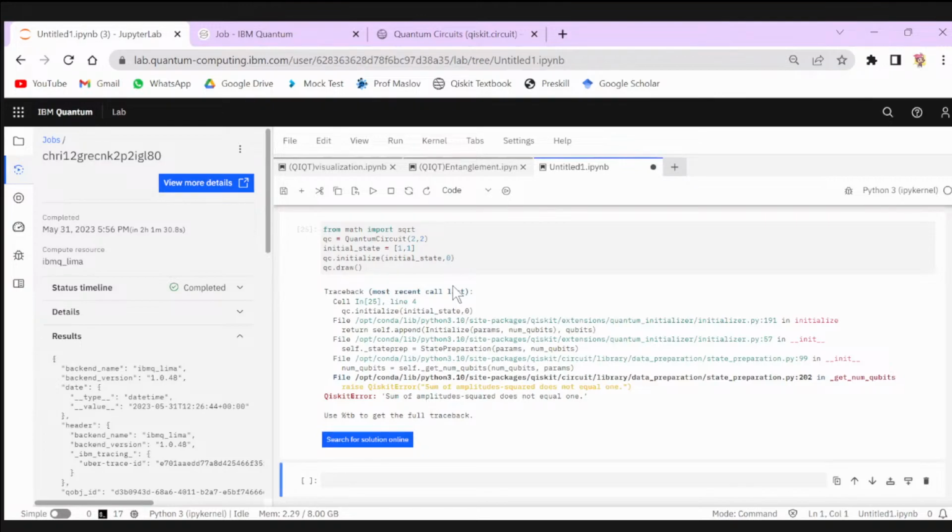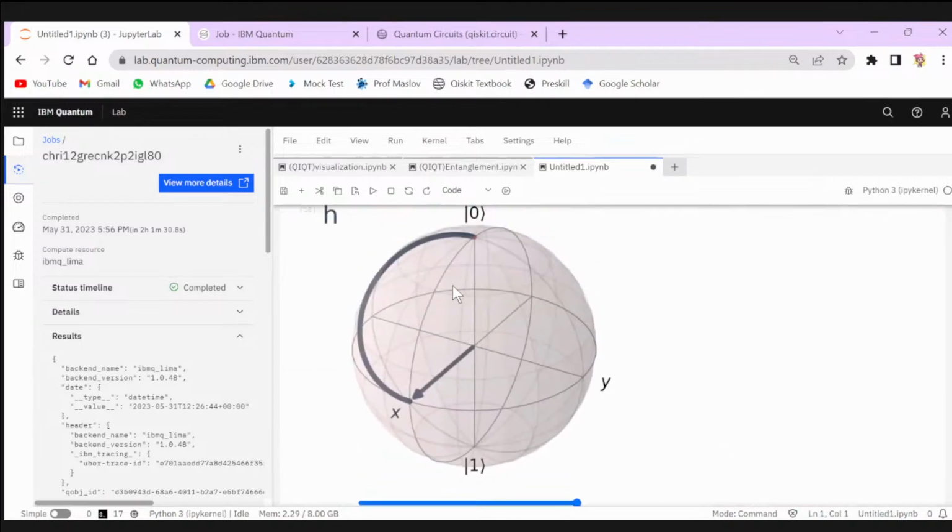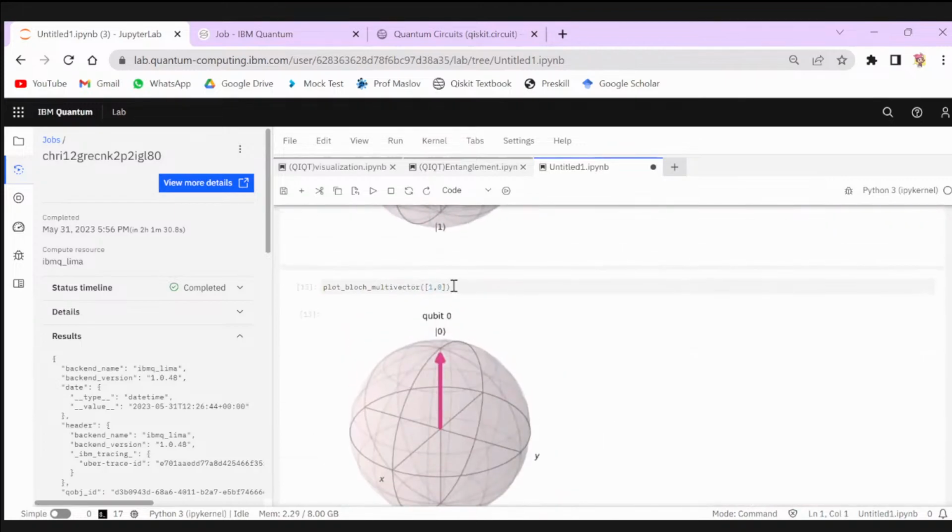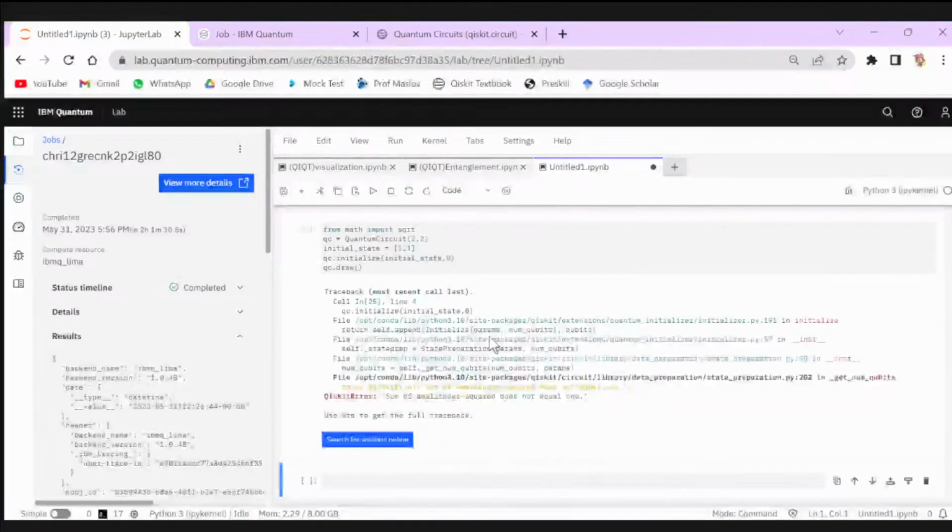Okay, let's move on. Let's try to plot the state vector.